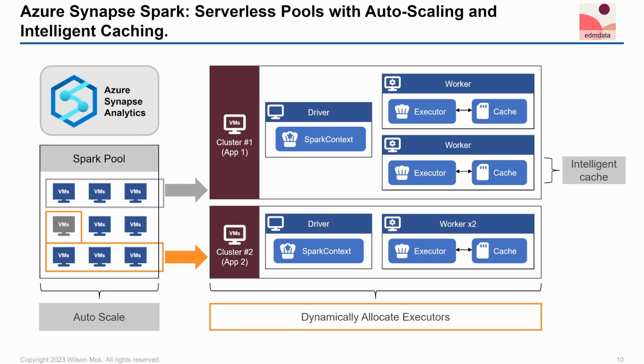And what that really means is if you focus on the orange boxes in the pool, we really have 3 machines running right now in cluster number 2. The machine that is grayed out in the middle row is not allocated, so the pool hasn't spun up that machine at all. But that machine is preemptively reserved for cluster 2.